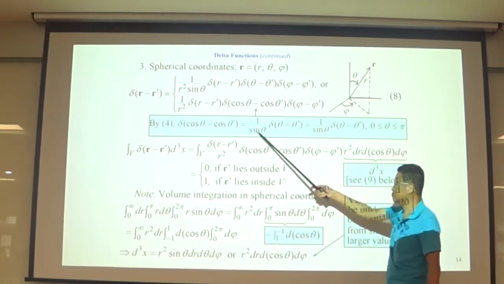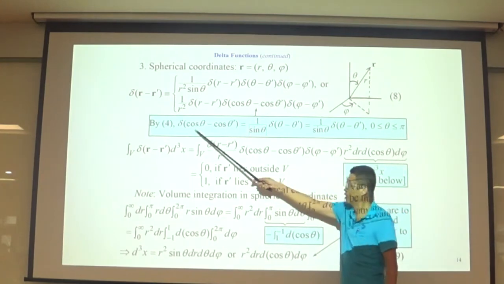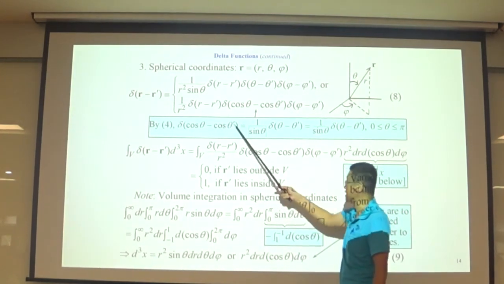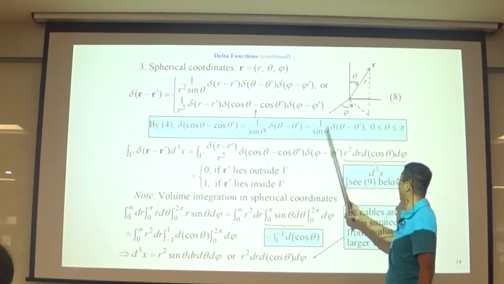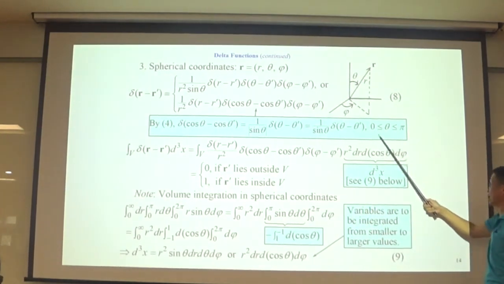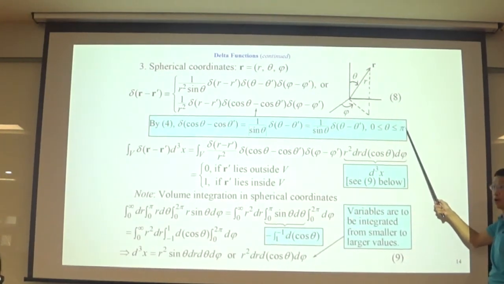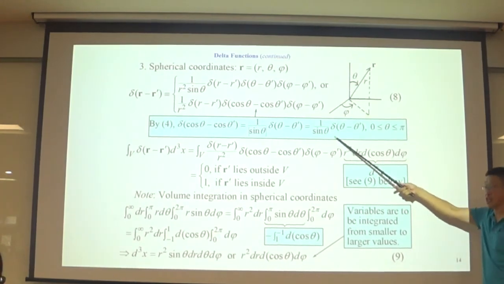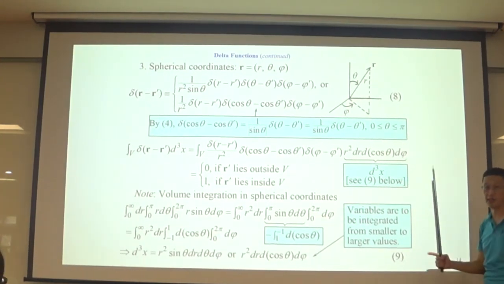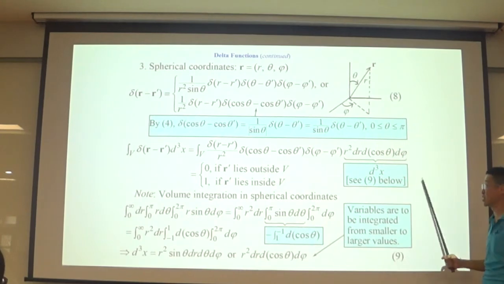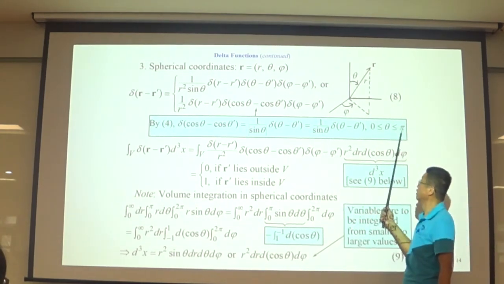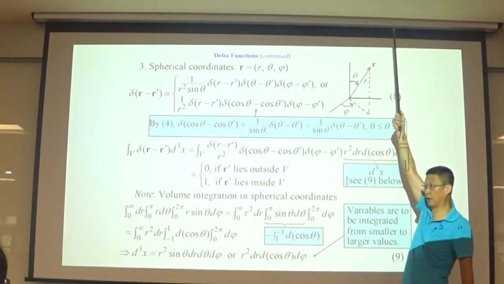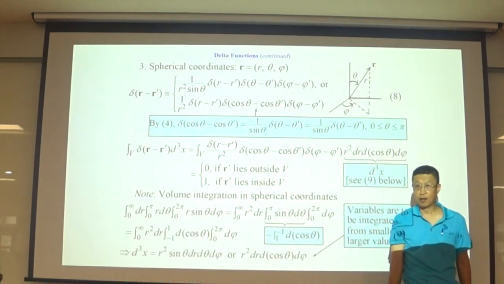Okay? And cosine theta minus cosine theta prime can be written into this form. And because theta is 0 to pi, sine theta is always positive. Always positive, so don't worry. It's always positive in this range from here to here.